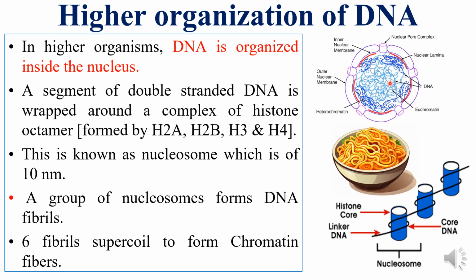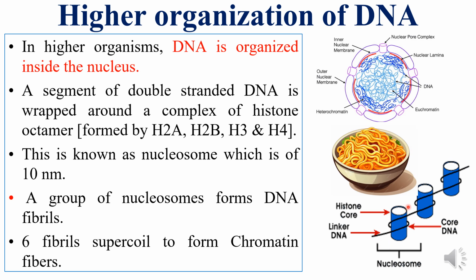Now, this supercoiling of 2-meter DNA is done by histone, and these histone octamers form the nucleosome when a small part of the DNA winds 2.5 times around each histone core, and when the DNA winds around this histone core, it is known as a nucleosome.